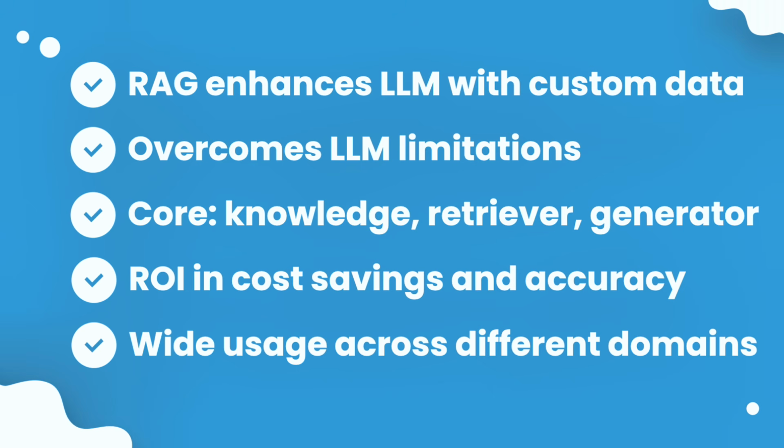The core RAG architecture consists of three main components: a knowledge base of indexed documents, a retriever that finds relevant information, and a generator that creates responses using retrieved context. Whether you're a developer, an architect, a manager, or a business owner, understanding RAG improves your results when working with LLMs.